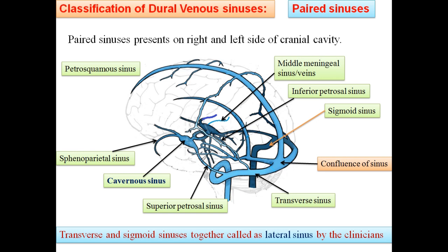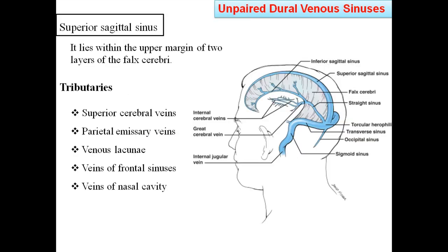Let us know each sinus description. The superior sagittal sinus lies within the upper margin of the two layers of the falx cerebri. It extends from the crista galli to the internal occipital protuberance.